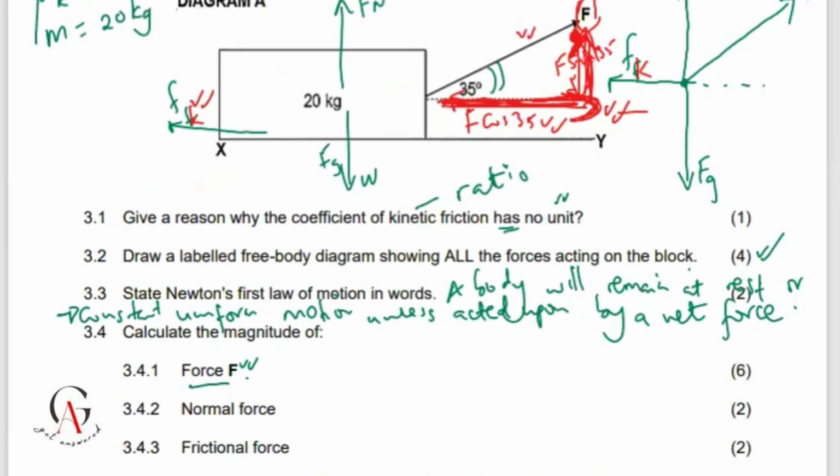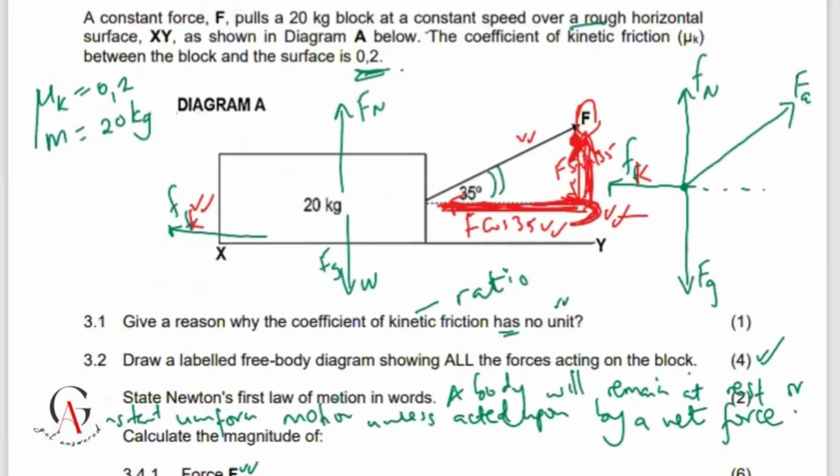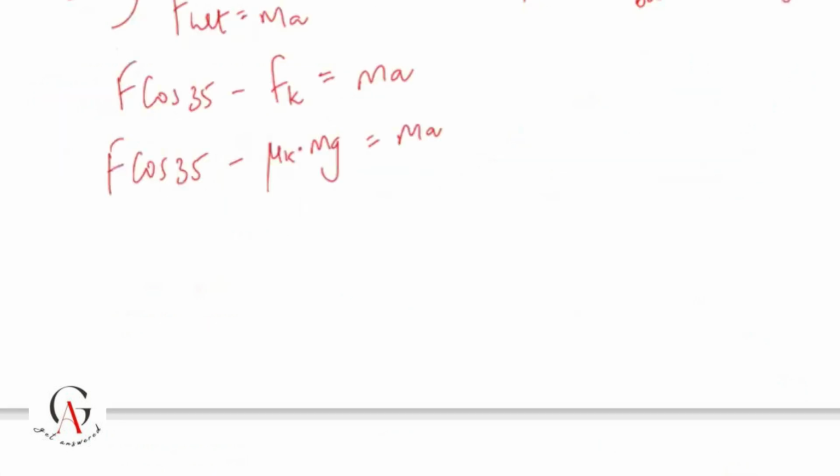Let's go back and see. The coefficient is that it's moving at a constant speed. So for as long as the speed is constant, the acceleration must be 0. Let me do my substitution and see. Mu was 0,2. The mass is 20.